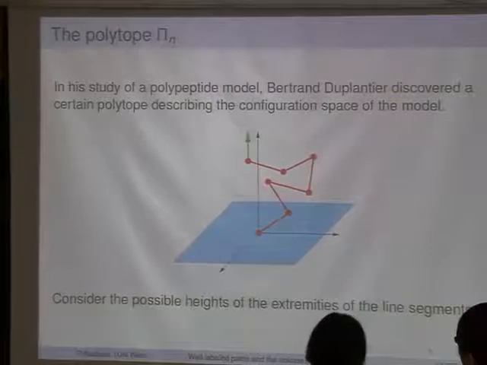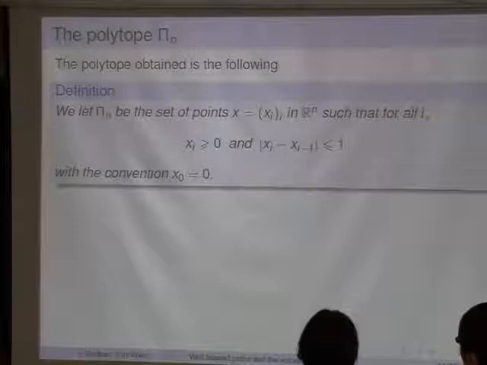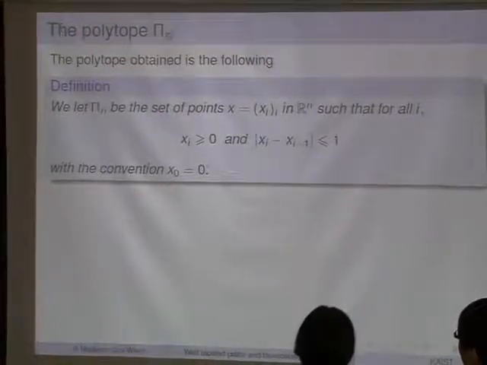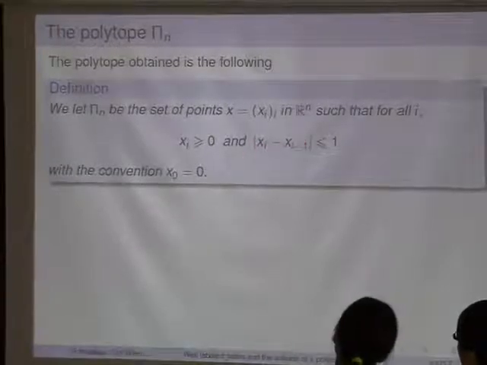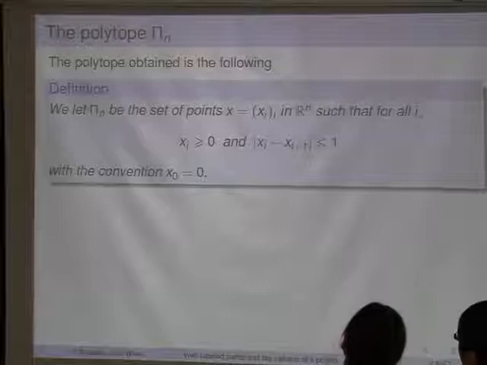So what you get is some inequalities that I gave here. x0 equals 0, then all the xi's are positive, and the absolute value of the difference has to be smaller than 1 because they are the ends of a unit length segment.